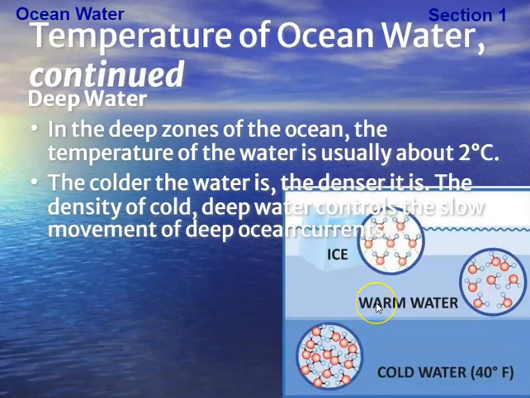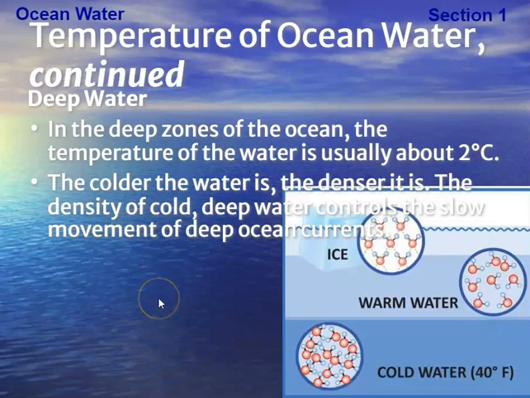Deep ocean water. In the deep zones of our ocean, our temperature can actually get below freezing. It does usually stay around 2 degrees Celsius. Remember, 0 degrees Celsius is freezing on the Celsius scale. 2 degrees Celsius is slightly above it, but we can actually get deep ocean water that's down around -3 degrees Celsius.